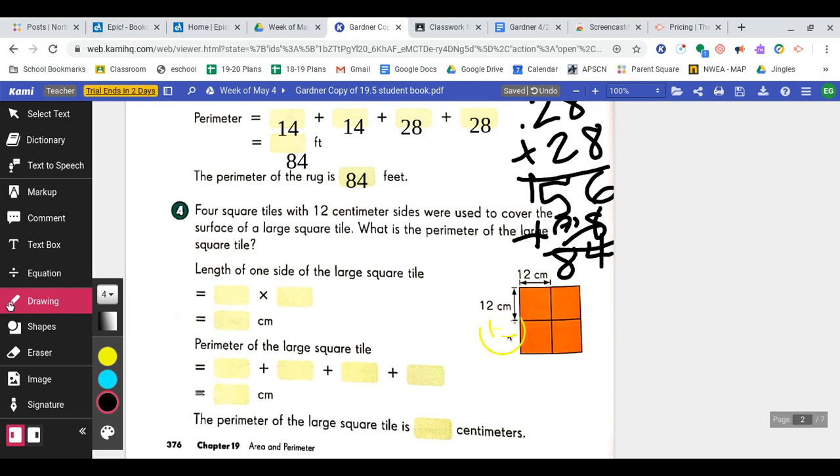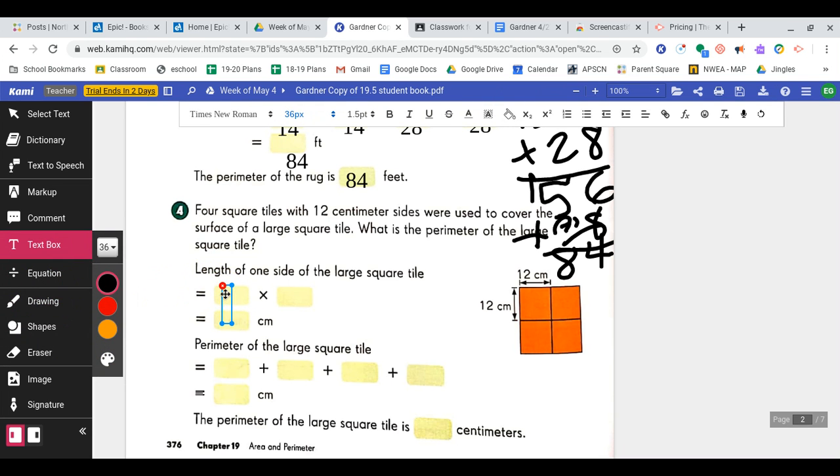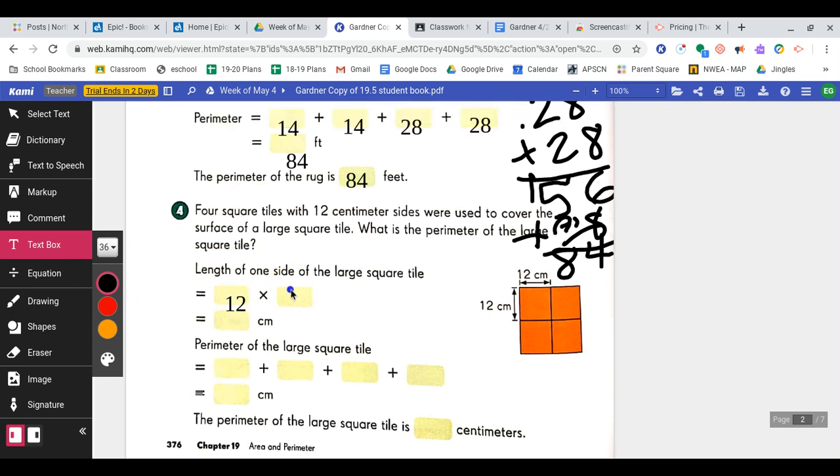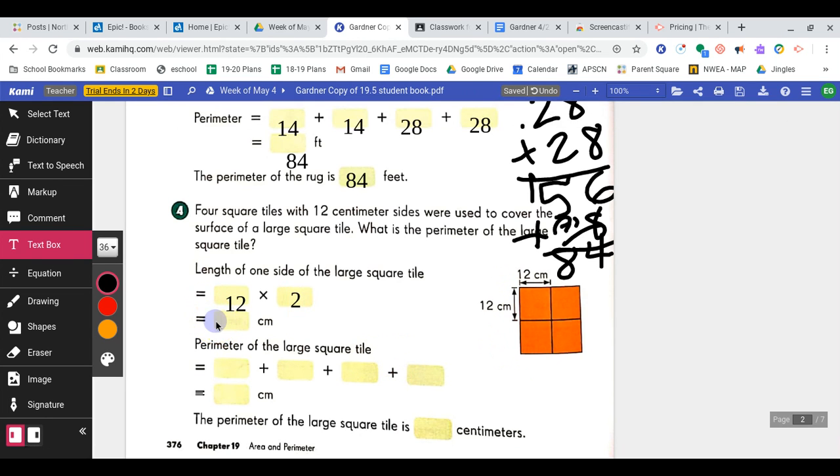But this side, we know that half of it is equal to 12, but we need to multiply to figure out what is the length of each of the sides of this square. So what we'll do is multiply 12 for that one tile times 2, because each side has 2 12-centimeter tiles. 12 times 2 we have as a memorized fact. It is 24.